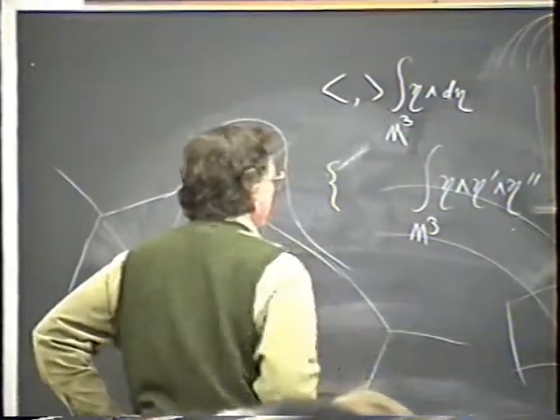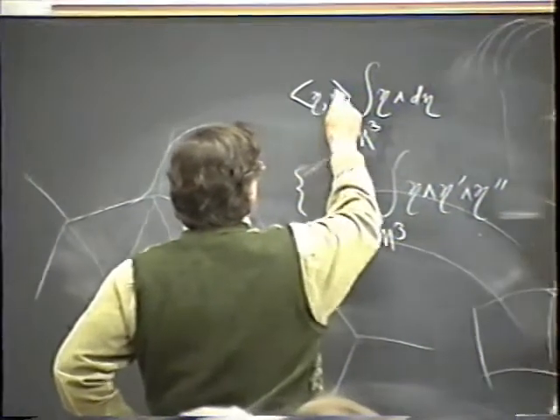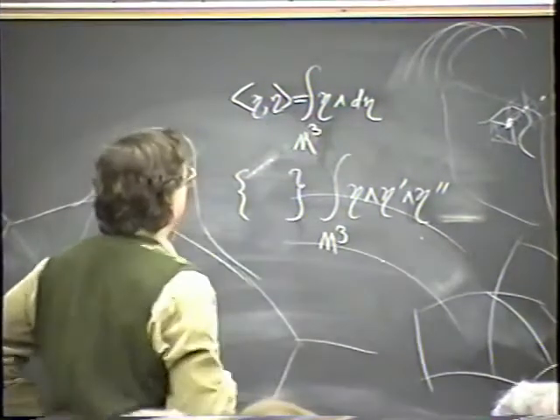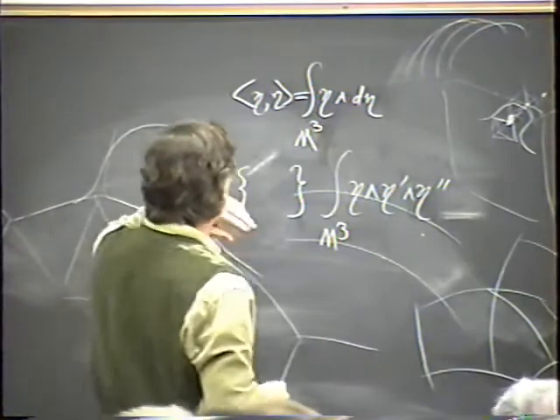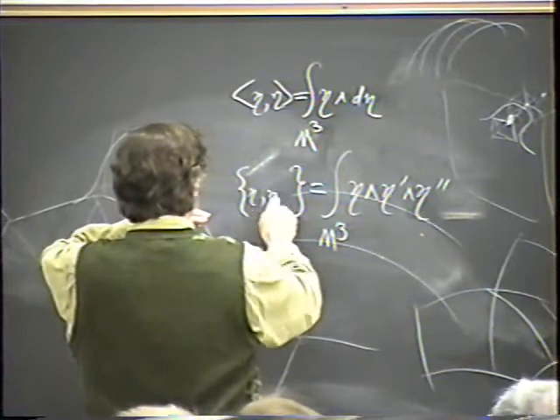Let me make one more little remark about this. Let me have some notation. This quadratic form is given by this, and this is given by this.